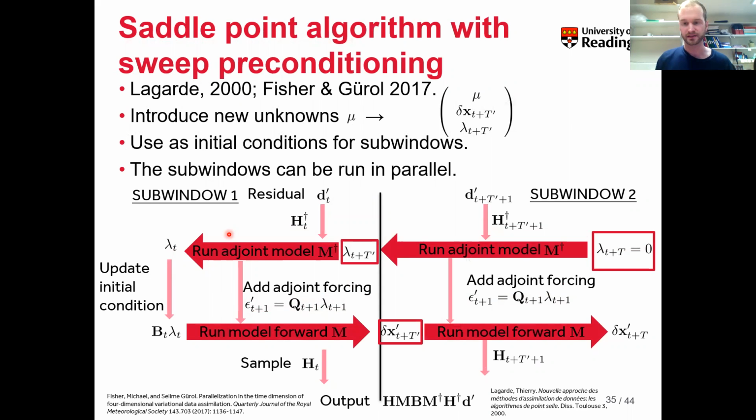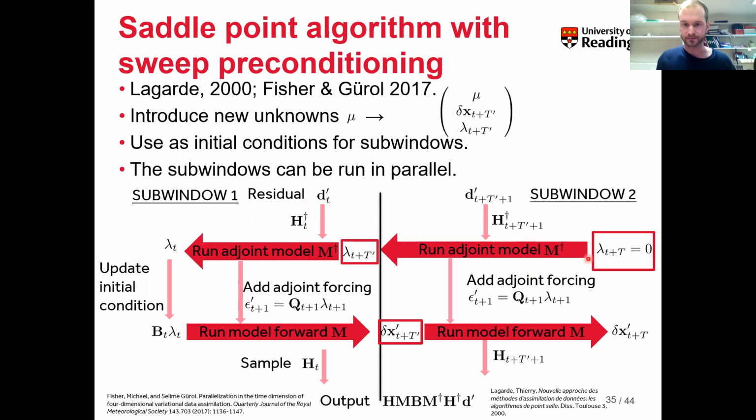The idea behind the saddle point algorithm is that you split your analysis window, in this case, into two sub-windows. And then you add the value of the adjoint at the beginning of the right-hand side of your first sub-window, and the value of your correction at the left side of your second sub-window, to your vector of unknowns.